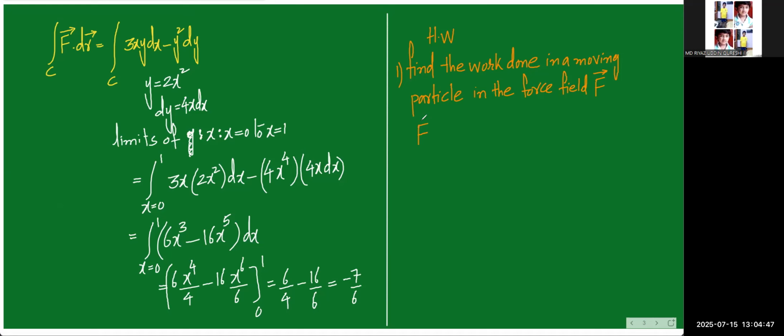F is equal to 3x square i cap plus j cap plus zk cap.